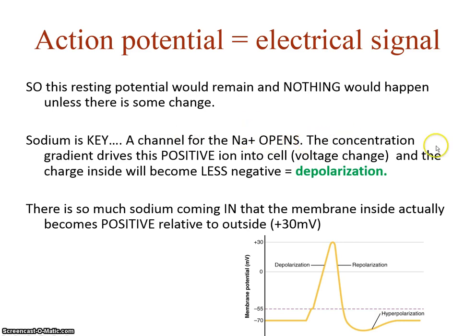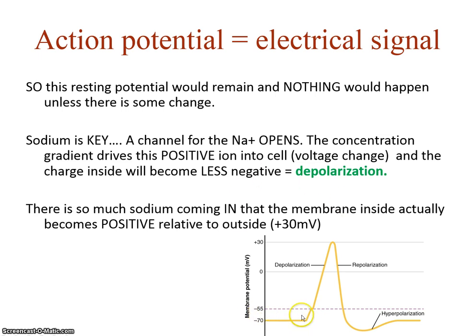This concentration gradient, with high sodium outside of the cell and low inside, means that sodium starts to enter. As it starts to enter, we see this change. So we're going along, no change occurring, and then here we start to open sodium channels. The charge inside becomes less negative, going from minus 70 to minus 55 in this circumstance, through gradations of minus 65, minus 60, and so forth.